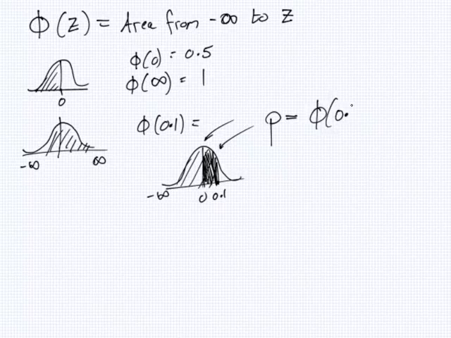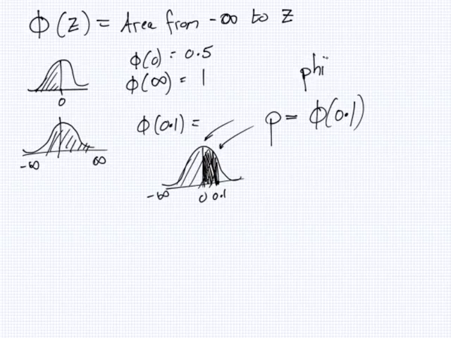Sorry, I didn't actually tell you the name of this yet. Does anyone know the name of this Greek letter? It's called phi. So phi 0.1 minus phi 0. Yeah. So it's like you're saying this area minus this area gives us the piece that I want here.